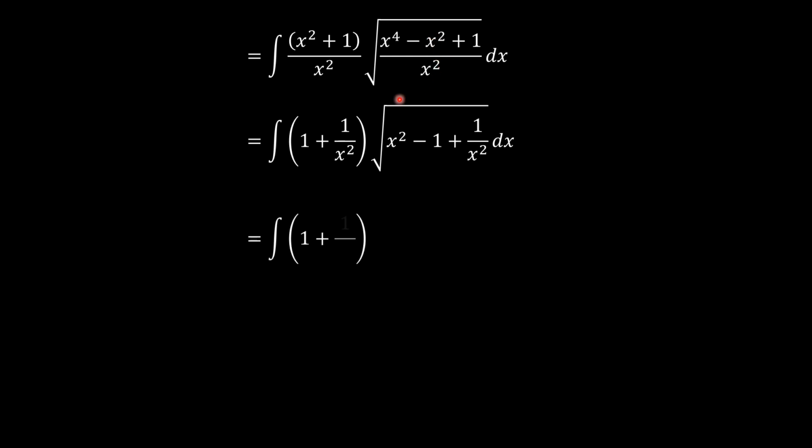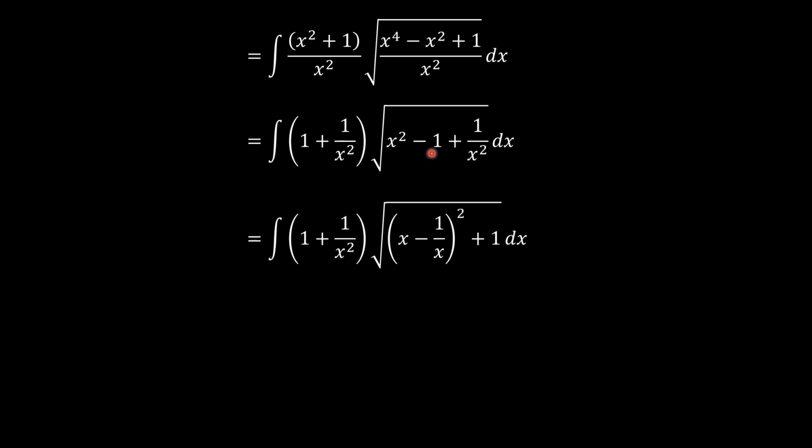So let's rearrange a couple of things. Whatever is under the square root sign is the same as x minus 1 over x, all squared, plus 1. And that is easy to see because we have 1 over x squared here, and then we have x squared here.